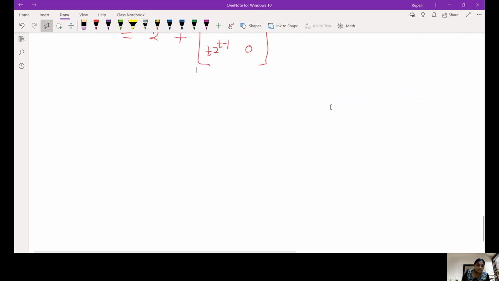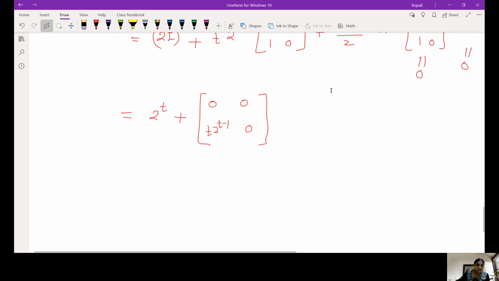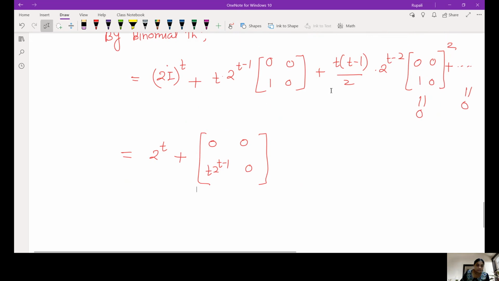Now 2 raised to t times the identity, I can write it as 2 raised to t, 0, 0, 2 raised to t. So it will be 2 raised to t, 0, t times 2 raised to t minus 1, 2 raised to t.